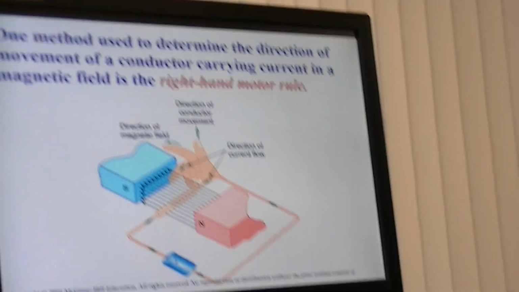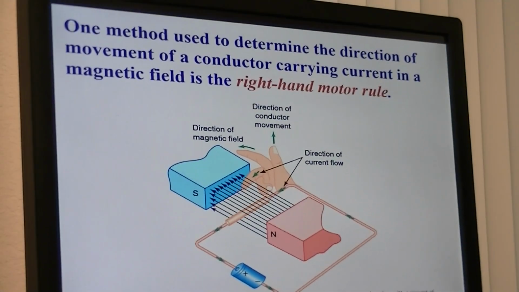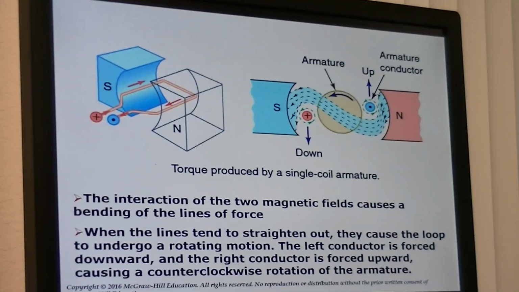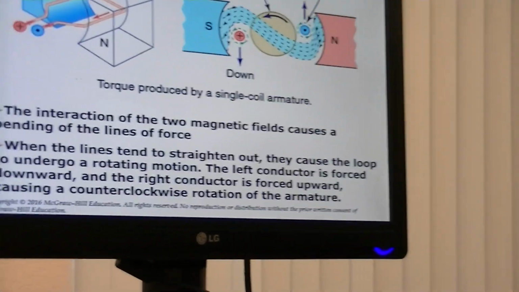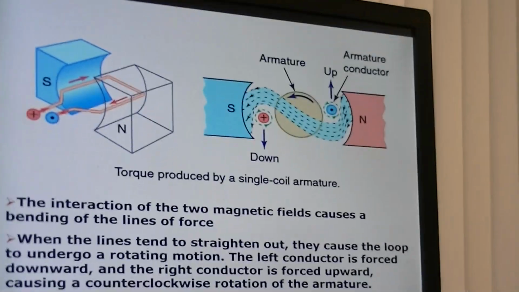Just realize that it is something that changes as cutting happens, especially in AC current. It's constantly changing, so that force is going back and forth the entire time. And it's happening so quickly that if we were to watch it, we'd never see it, because our eyes aren't that fast. All right, the interaction of two magnetic fields causes a bending in the lines of force.